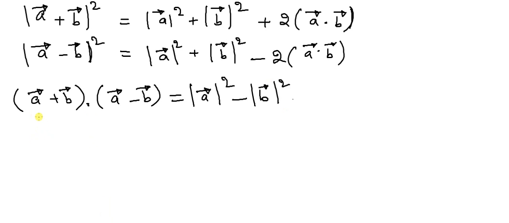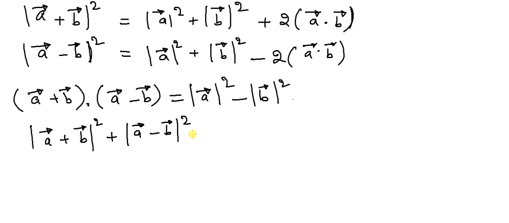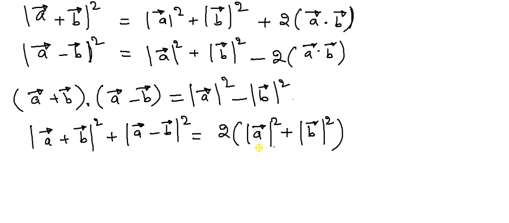Next it says if you're adding 2 modulus whole squares, a plus b whole square and a minus b whole square, then it will come out to be 2 times the modulus a square plus modulus b square.